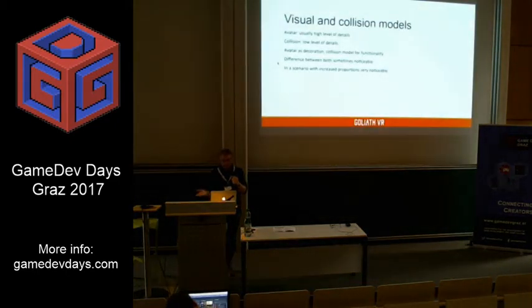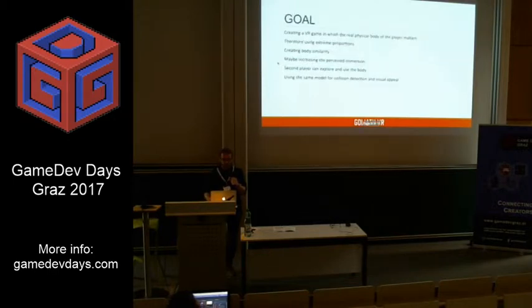As I said before, the thing with the avatar is you have one collision model and one visual model. So mostly the avatar is just a decoration, and the collision model is for the functionality. Sometimes the difference between those can be noticeable, especially in a scenario with increased proportions. So my goal for Goliath VR was to create a VR game in which the real physical body of the player actually matters.